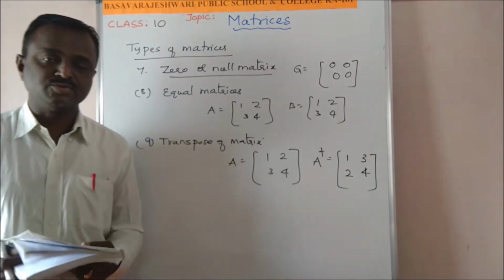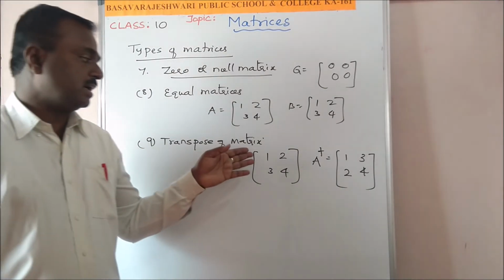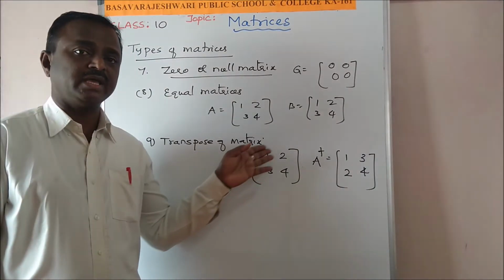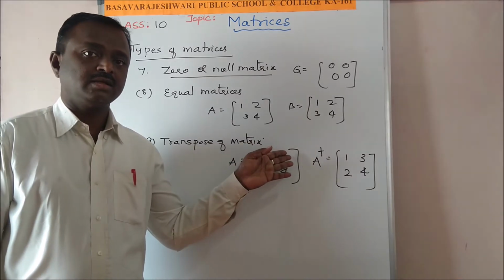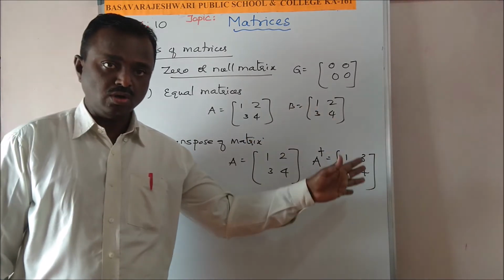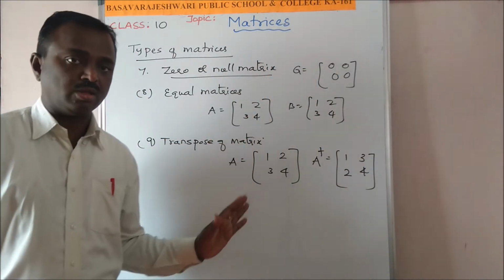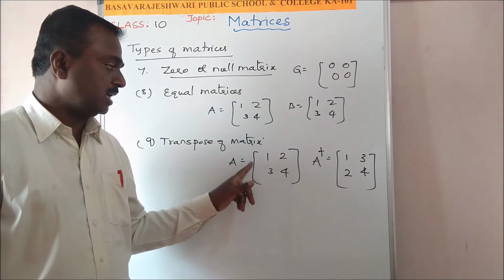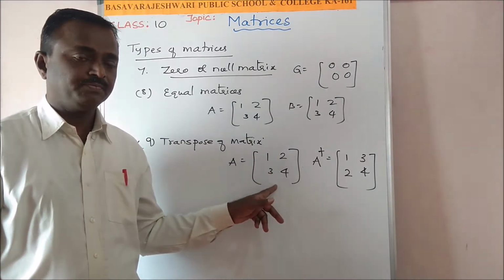So what is meant by transpose of a matrix? The elements which are there in the matrix should be written in the column. Whatever elements are there in the row should be written column-wise. See, observe here, matrix A contains 1, 2, 3, 4 elements.